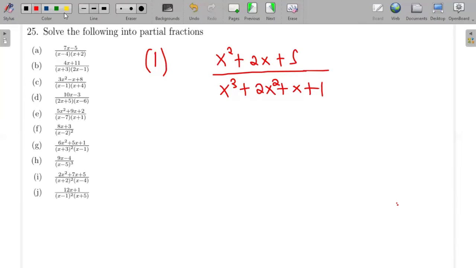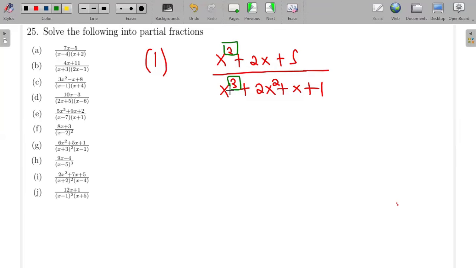Take a look at the highest power of x in the numerator and the denominator. In the numerator, the highest power is 2. In the denominator, the highest power of x is 3. So when the highest power of x in the numerator is less than the highest power of x in the denominator, that's the only time you can decompose something into its partial fractions.